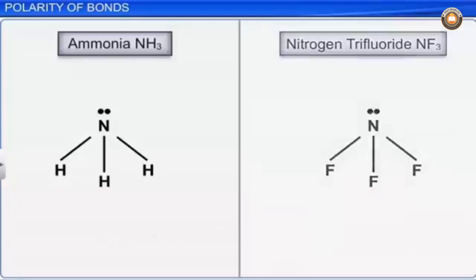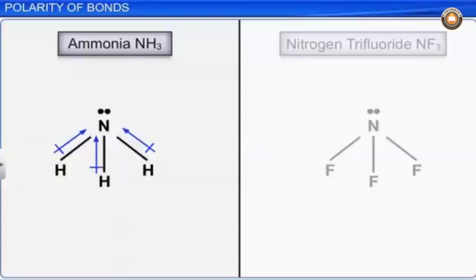In the ammonia molecule, there is a lone pair of electrons on the nitrogen atom and 3 nitrogen-hydrogen bonds present in the molecule. The bond dipole is directed towards nitrogen, as it is more electronegative than hydrogen. The resultant dipole moment is in the same direction as the orbital dipole due to the lone pair of electrons on the nitrogen atom.